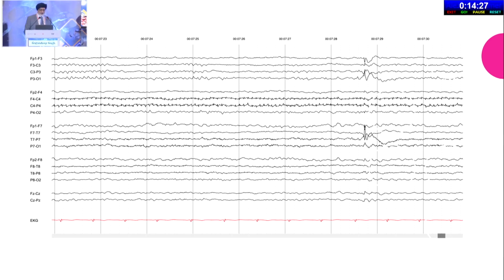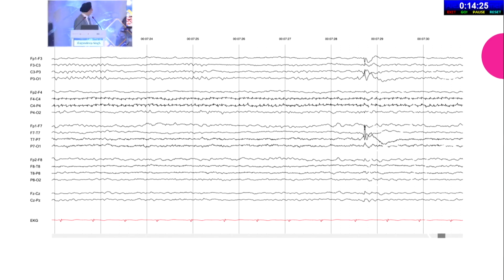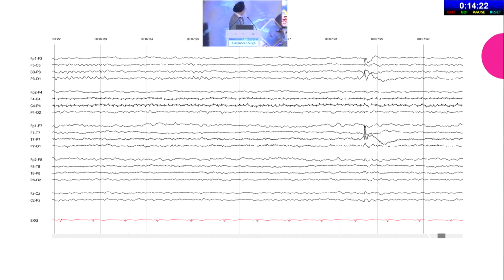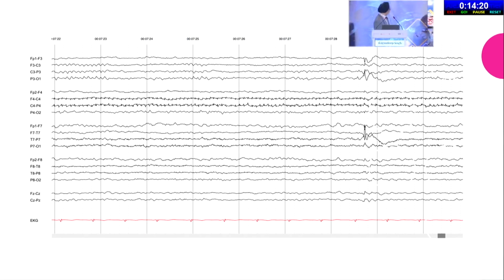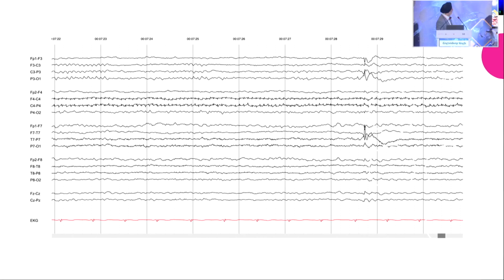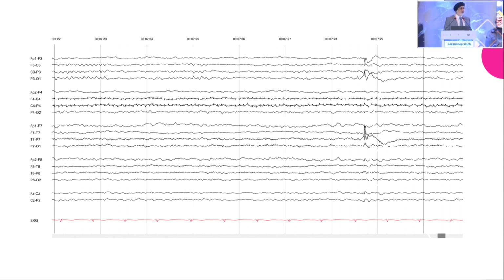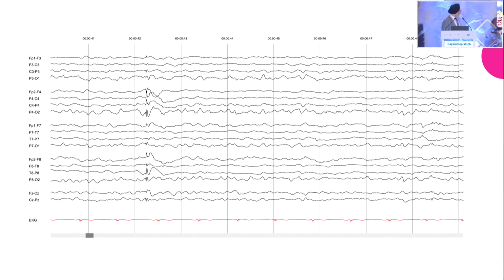Look at this EEG. This is a different patient. So this is left parasagittal, right parasagittal, left temporal, right temporal. What looks like here is a spike and wave discharge, and it seems to be coming from the left side, right? Next page, spike and wave discharge, and this time seems to be coming from the right side.